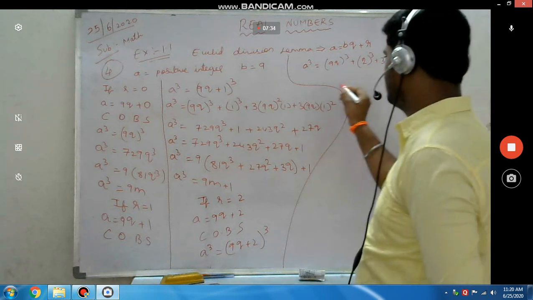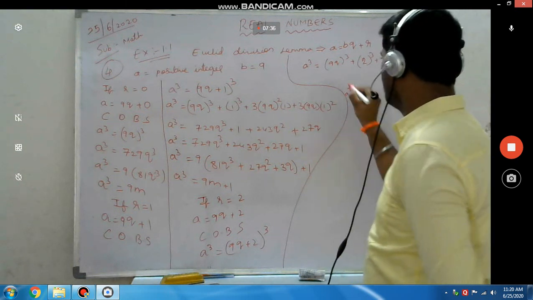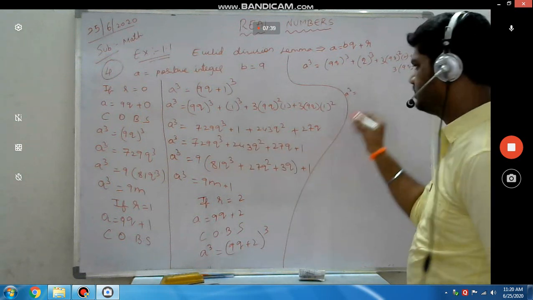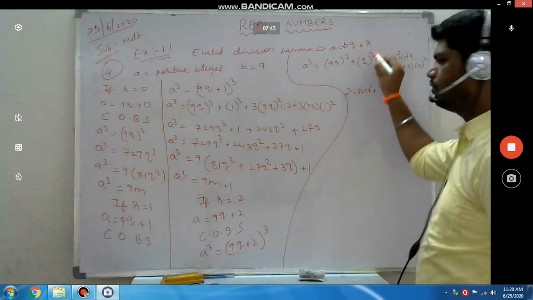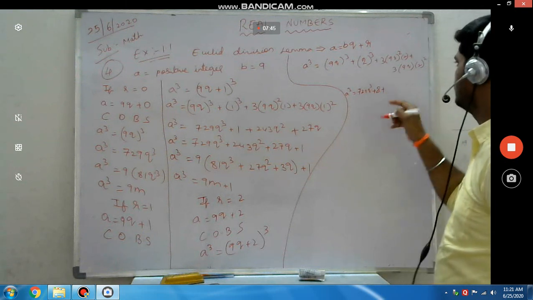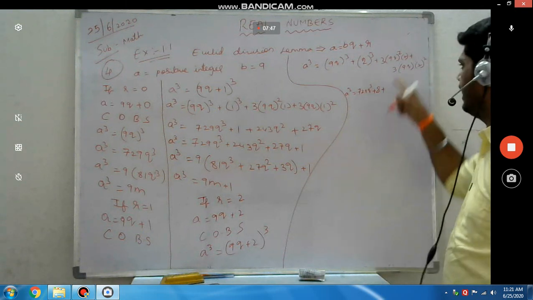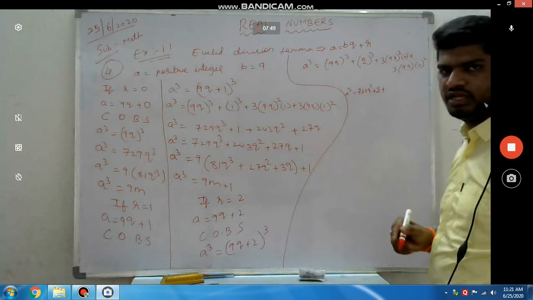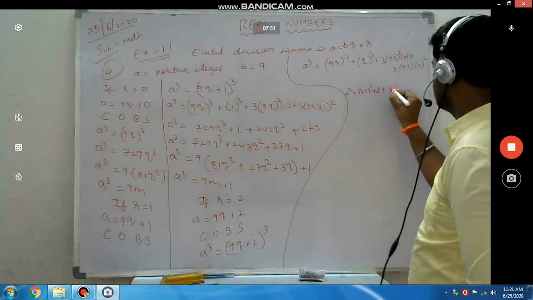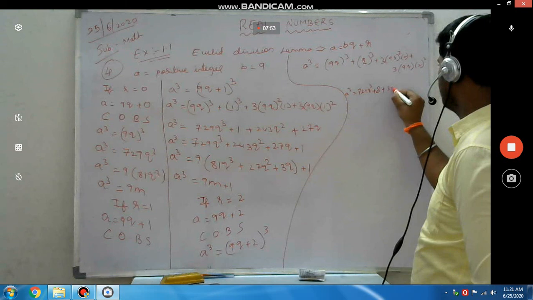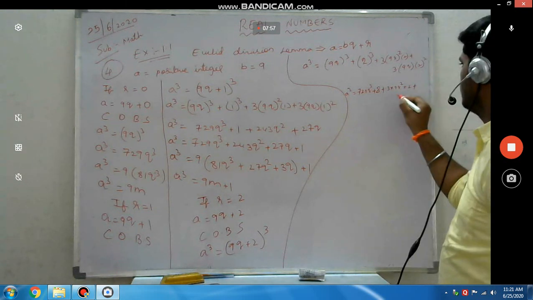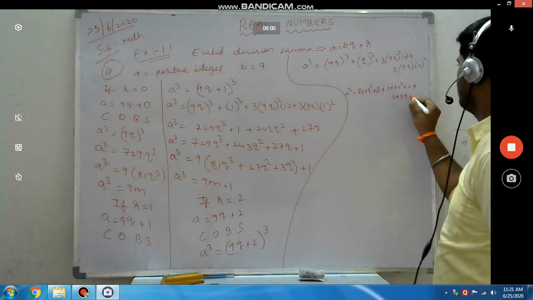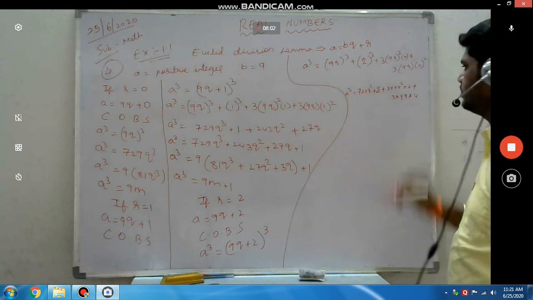I will simplify this. Then what will I get? a cube is equal to (9q) whole cube, which we already know is 729 q cube, plus 2 cube, which means 8, plus 3 times 81 q square, written as 3 into 9q square into 2, plus 3 into 9q into 4, because 2 square means 4.